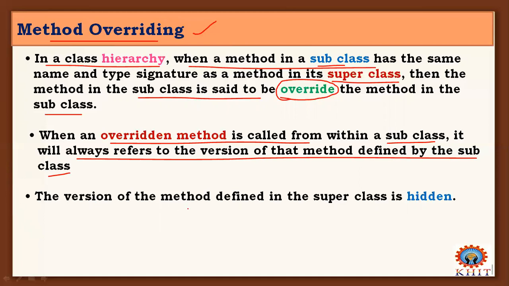The version of the method defined in the superclass is completely hidden by the subclass overriding method. We'll see this process more clearly in the inheritance concept, how an overridden method is done in a class, and how it hides the superclass method.